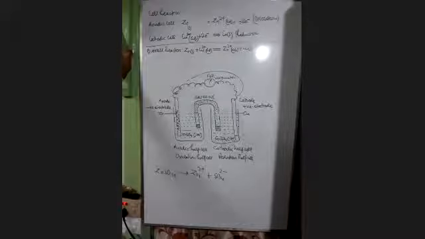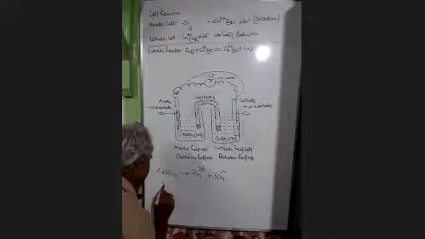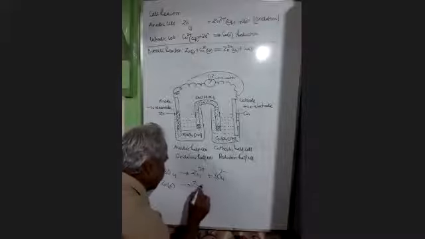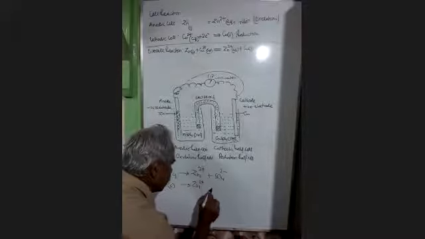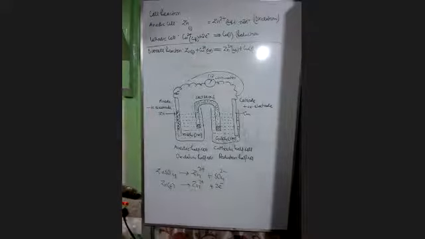Salts are always electrically neutral. Now, what is happening here? In this case, we find that gradually this zinc is going into solution along with the 2 electrons. So the number of zinc ions is increasing. It cannot be like this. All solutions are electrically neutral.